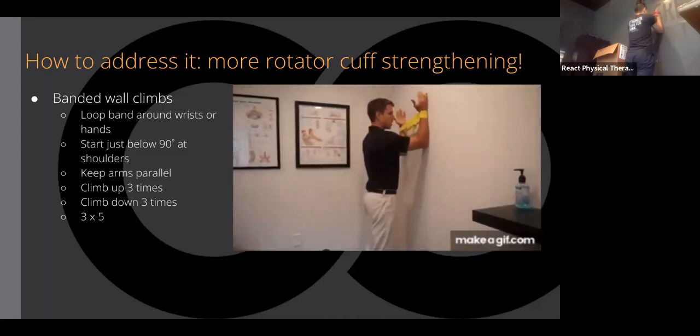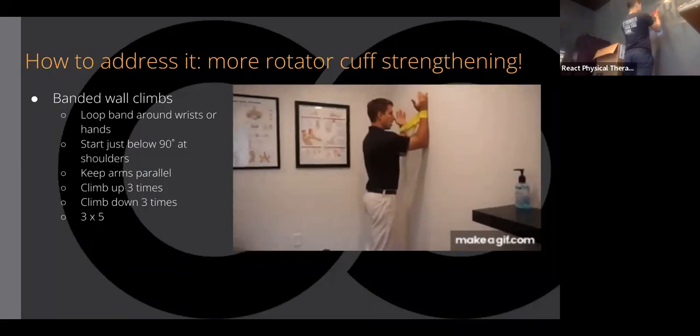I'm not letting my shoulders climb, not letting my shoulders raise. I'm trying to keep them engaged. 1, 1, 2, 2, 3, 3. So up and down counts as 1. Try to do up to 5, and then 3 sets of that.